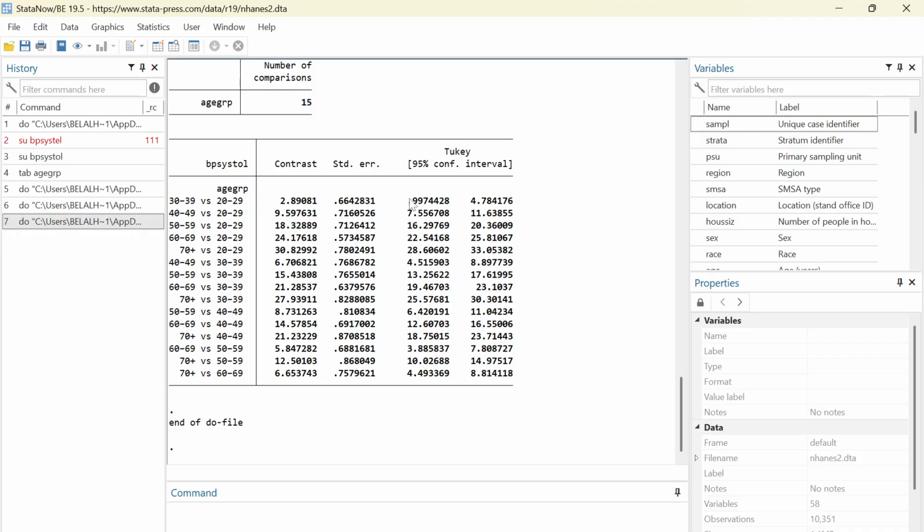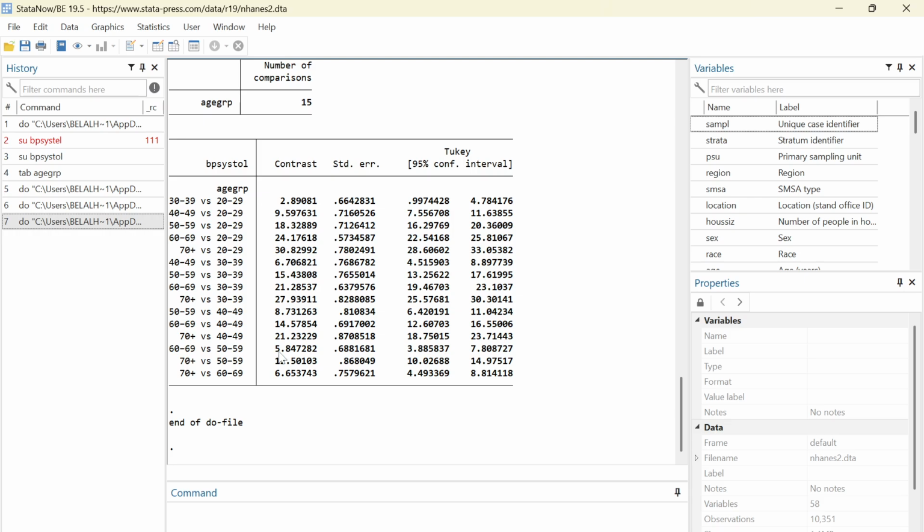We are 95% confident that the true value falls between this number and this number. These two numbers do not include 0. That's why it's significant. So the 30 to 39 group has significantly different mean systolic blood pressure than the 20 to 29 group.